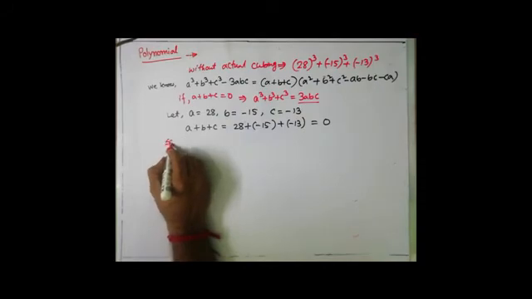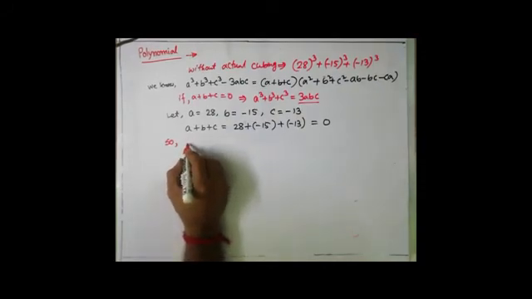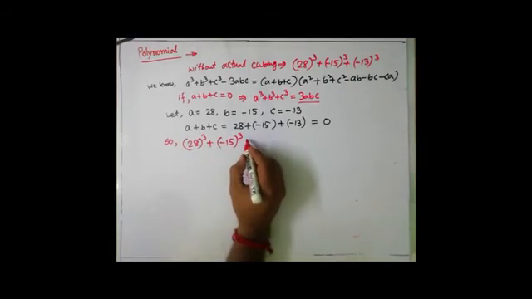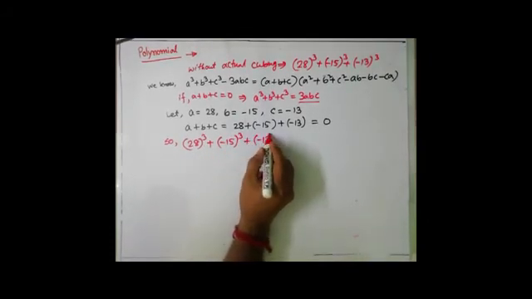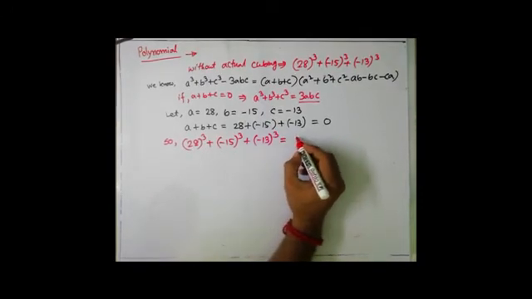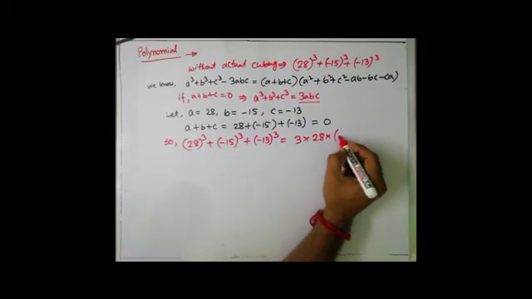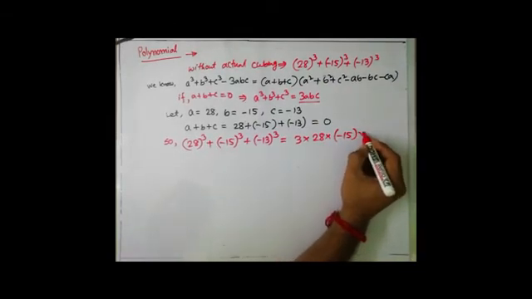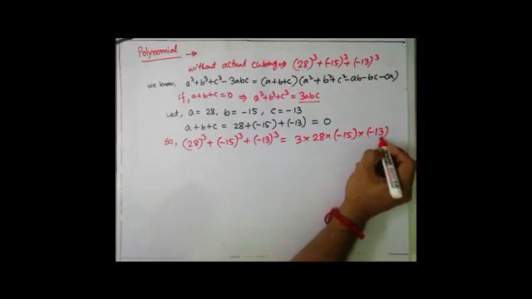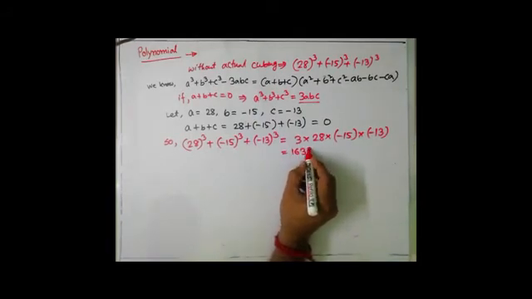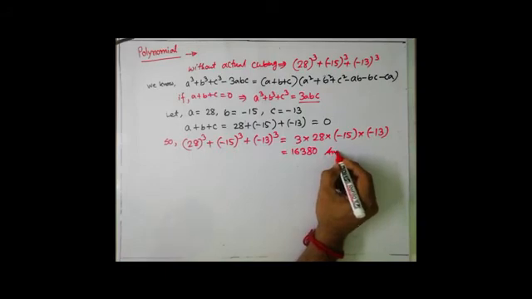So finally we can write that 28 cube plus minus 15 cube plus minus 13 cube is nothing but 3 into 28 into minus 15 into minus 13. So the product will give you 16380, and that will be the answer.